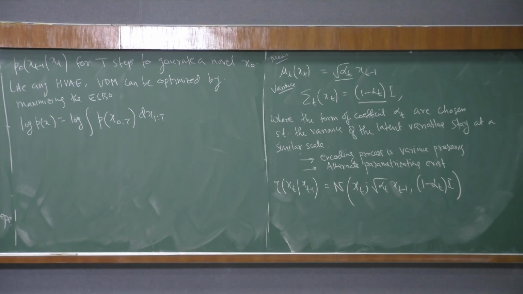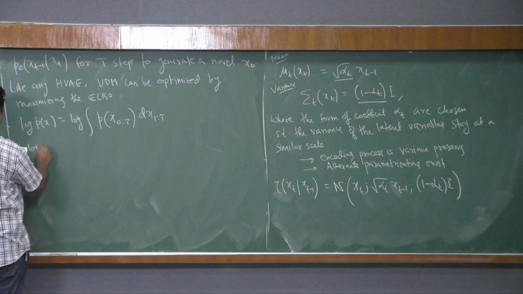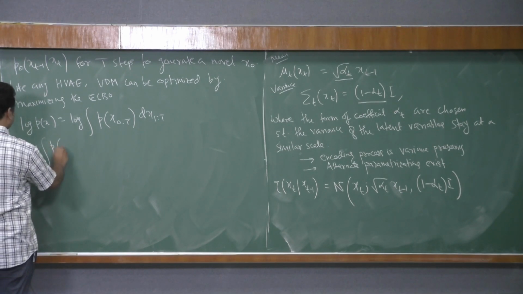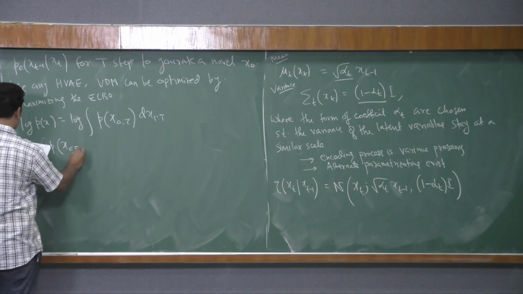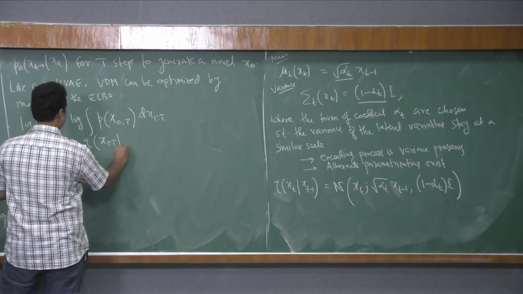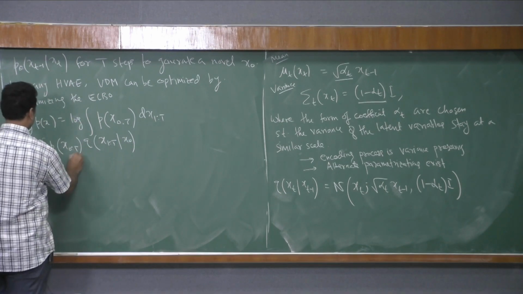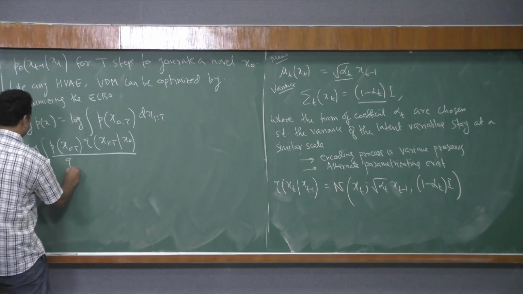Okay, so this again we just do very quickly with these new notations. So this is p of x 0 to t, q of x 1 to t given x naught, and we are doing the importance sampling again.